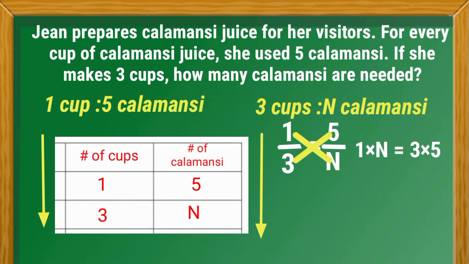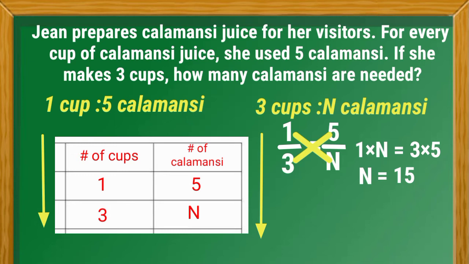Then 3 times 5. 1 times n is n, and then 3 times 5 equals 15. So n equals 15. So it means that if she makes 3 cups of calamansi juice, she needs 15 pieces of calamansi.